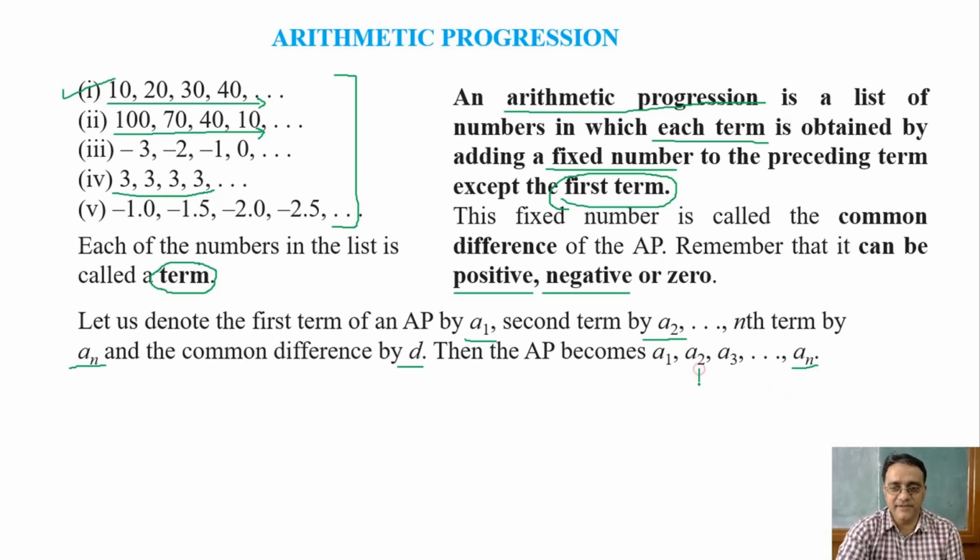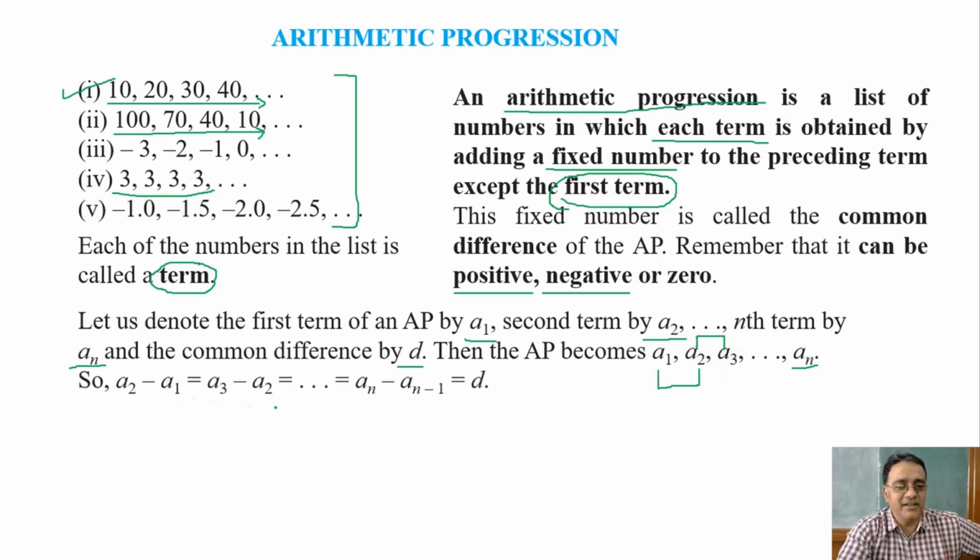The difference between these two, A2 minus A1, what is it? D. And A3 minus A2? D. So A2 minus A1, A3 minus A2, so on, An minus An-1 is equal to D. It means if you subtract any term from its preceding term, we get the common difference.